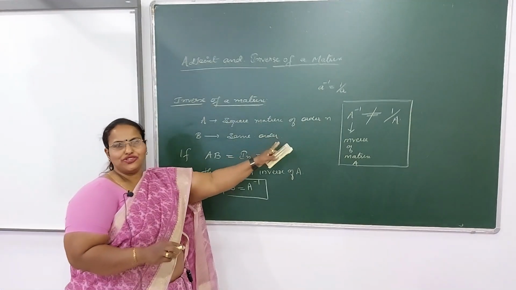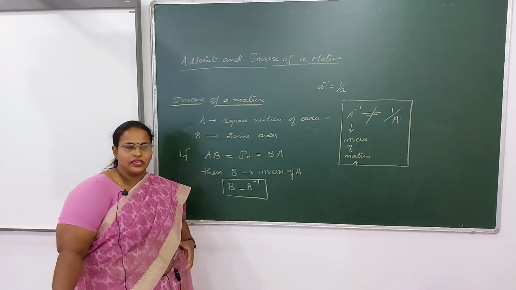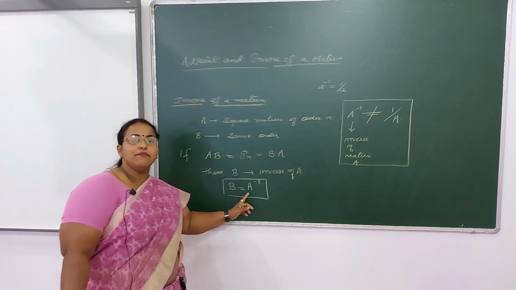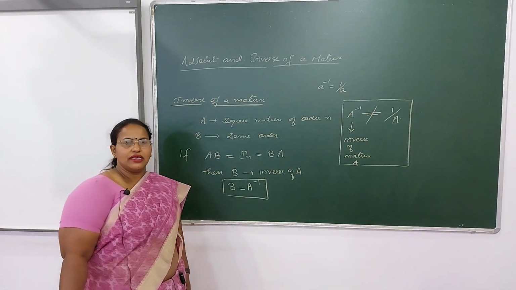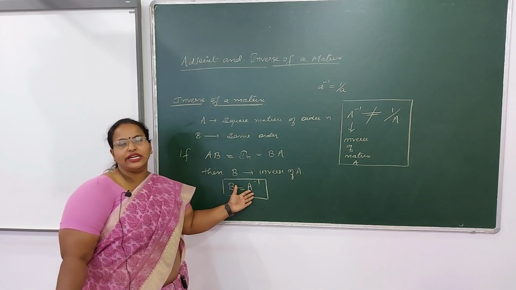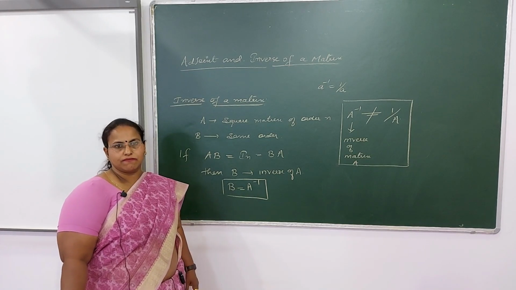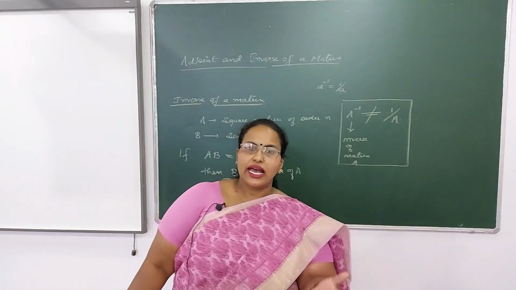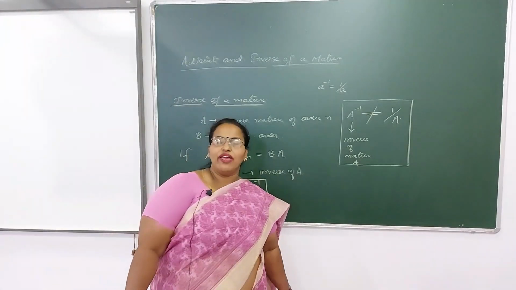This type of confusion should not be there, so that concept you cannot apply here. So if the product of two matrices results in an identity, then one will be the inverse of the other.